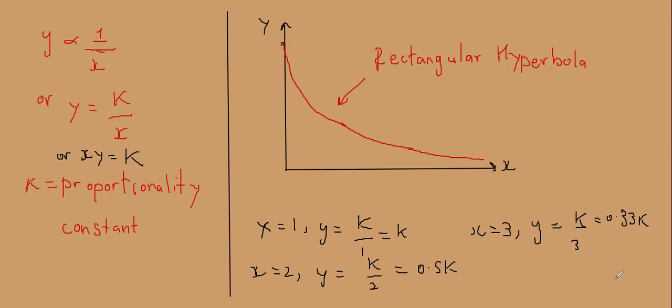Going for the next one. We are going to deal with the sixth equation of line. This is the sixth equation of line, y equal to kx square.